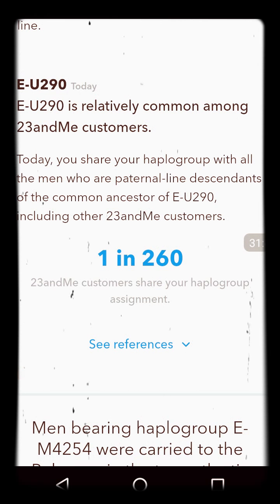So if it's so common, right? U290 is relatively common among 23andMe customers, and I share that haplogroup with all the paternal line descendants of the common ancestor of U290, like duh, including other 23andMe customers. But how many 23andMe customers have U290?